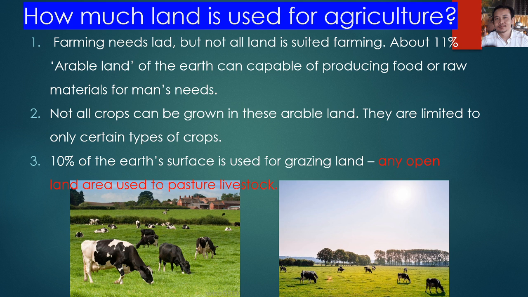Not all crops can be grown in this arable land. They are limited to only certain types of crops. For example, coconut in the sandy coastal districts, rubber and oil palms in the fertile lowlands, tea and coffee in the cooler uplands, and limited amounts of paddy on the terraced hill slopes.